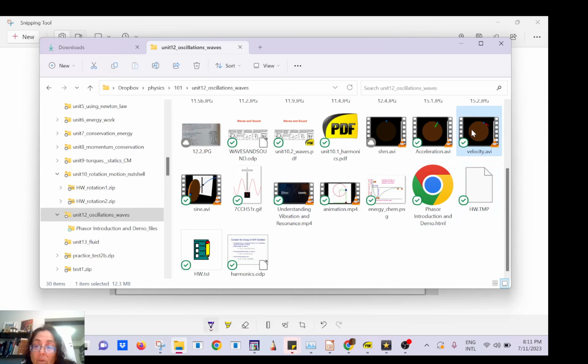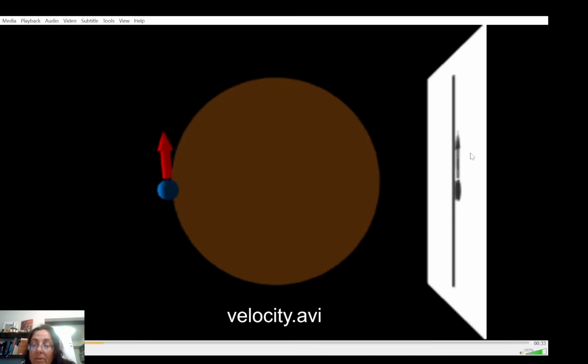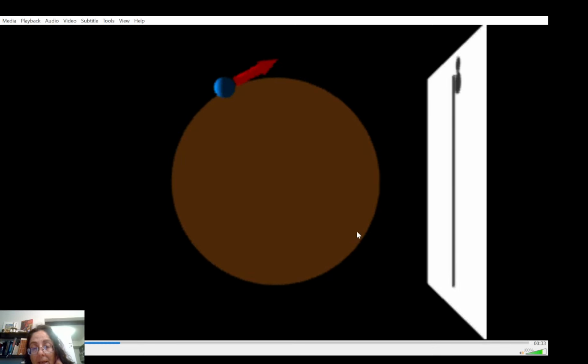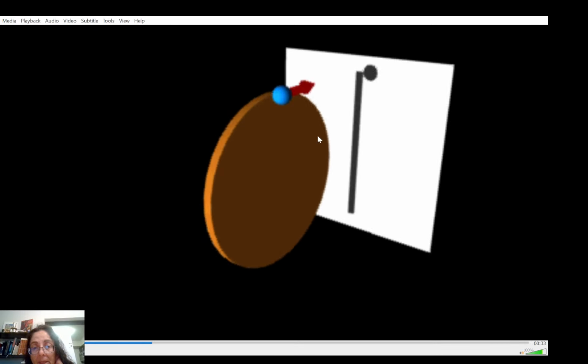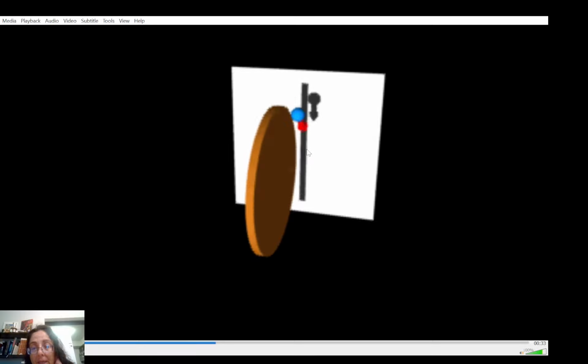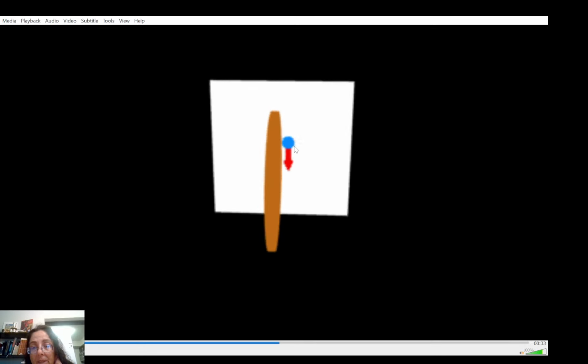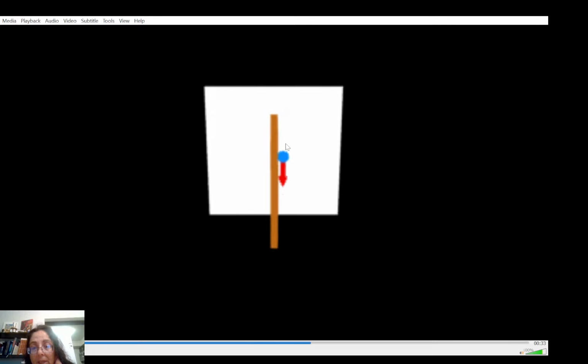That was the simulation here. I don't know where I found it, but this is the circular motion, going around at a constant speed. And if you project on the screen, you get that harmonic oscillator.